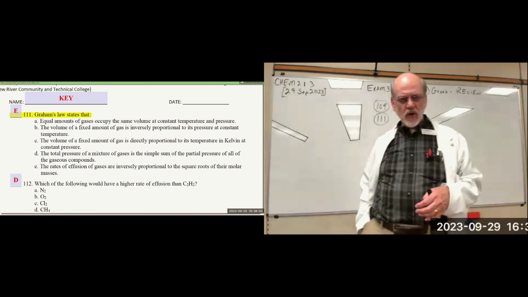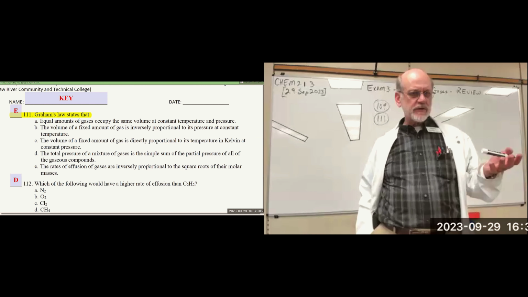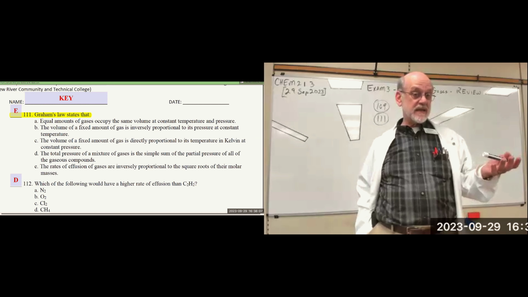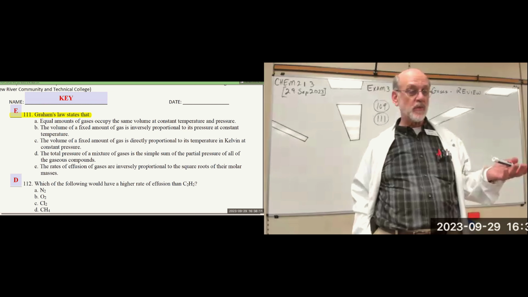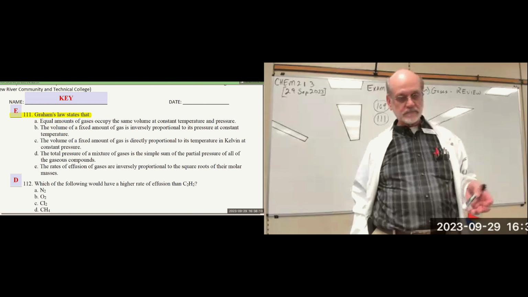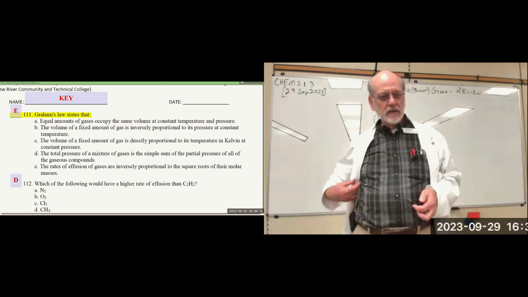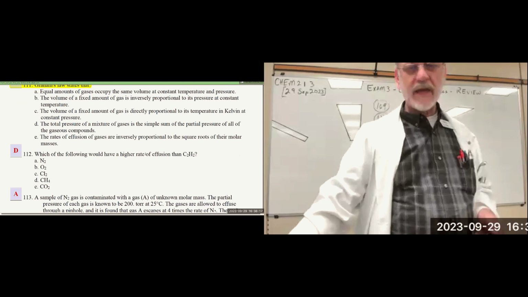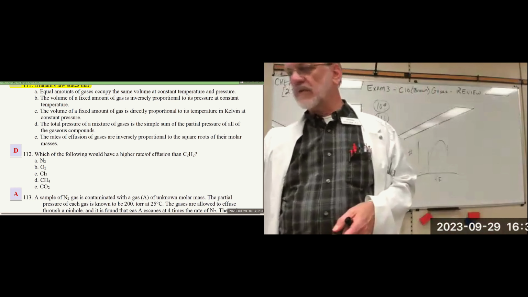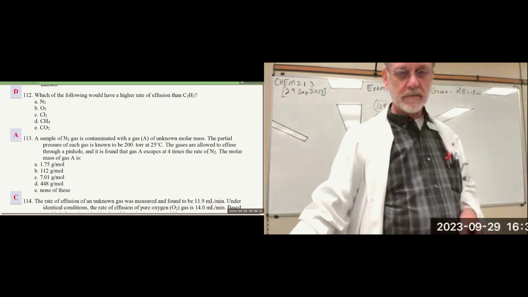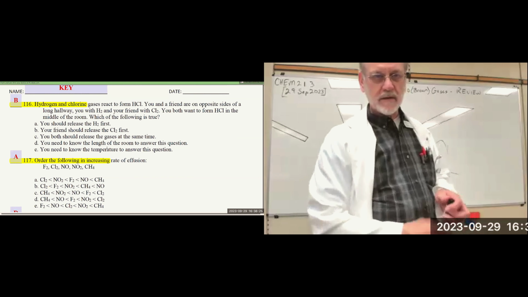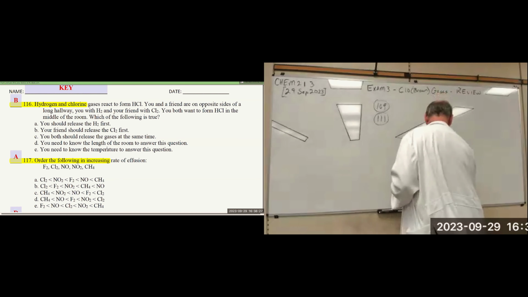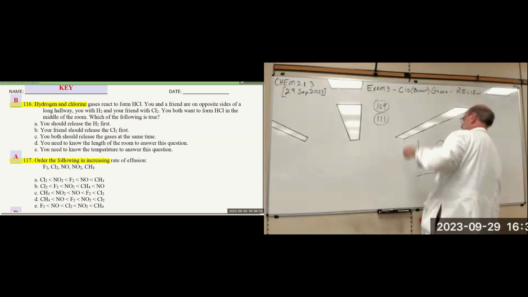So the one that comes closest to that is E. The rate of effusion of gases is inversely proportional to the square roots of their molar masses. And I think the formula is in your useful information if you need it. All right, 116.